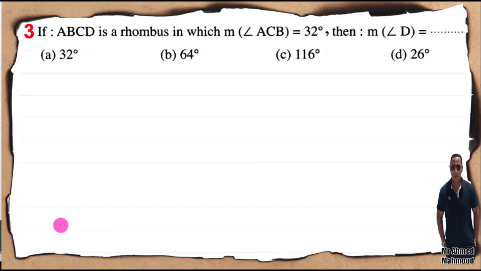The rest of example 2. ABCD is a rhombus, if the measure of angle ACB equals 32.